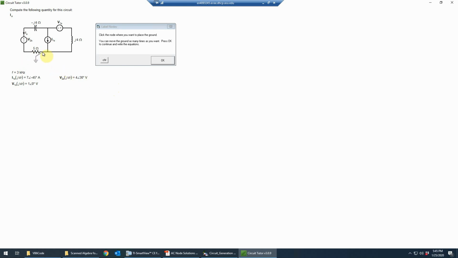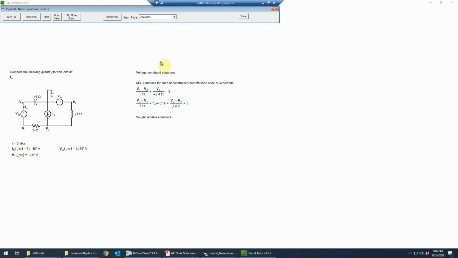So this would have 2, here we have 3, 3, 2, and 2. So the one that has the most and also has a voltage source would be this upper middle node. So that would be the preferred place to put the ground or the reference node. So I'll do it there. That will minimize the complexity of the equations that we have to work with and will therefore simplify the algebra.